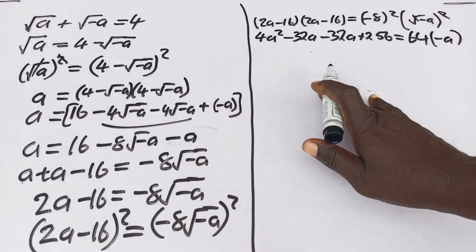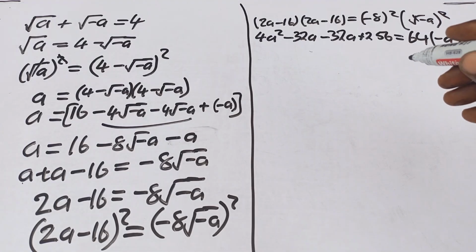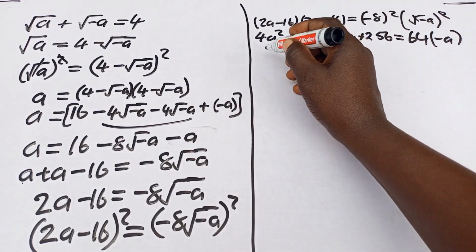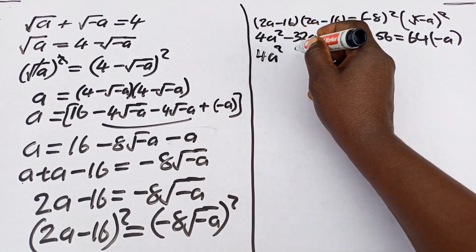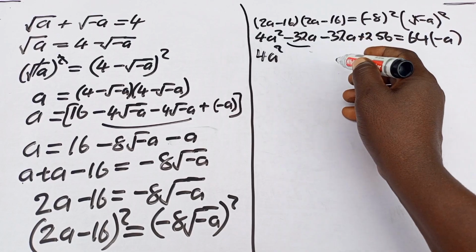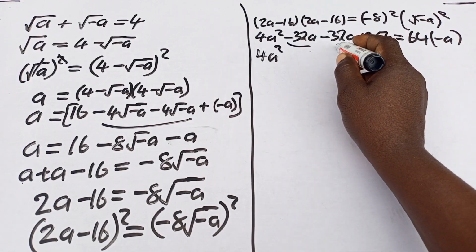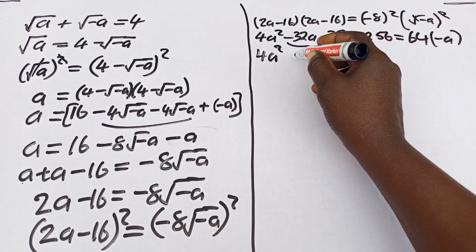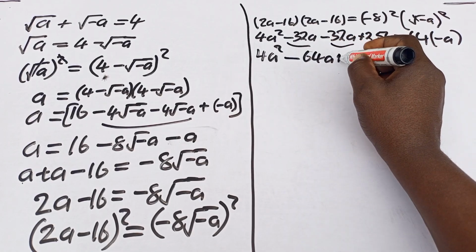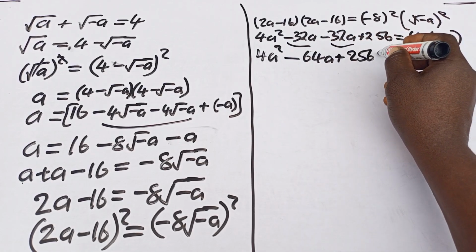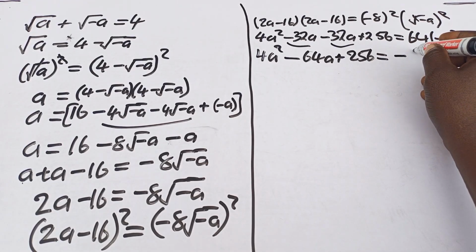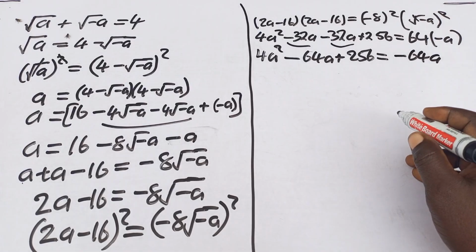Now this gives us 4a squared, negative 32a minus 32a is negative 64a, plus 256 is equal to negative 64a.